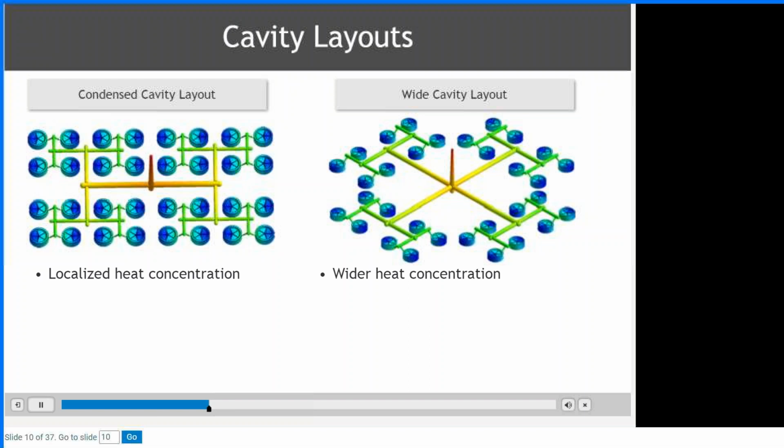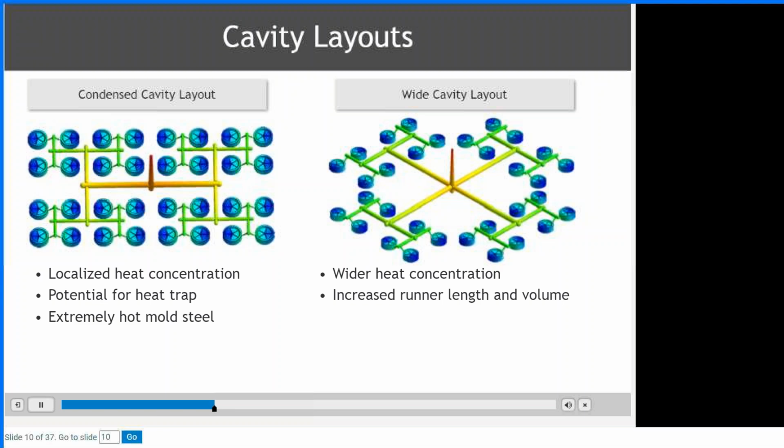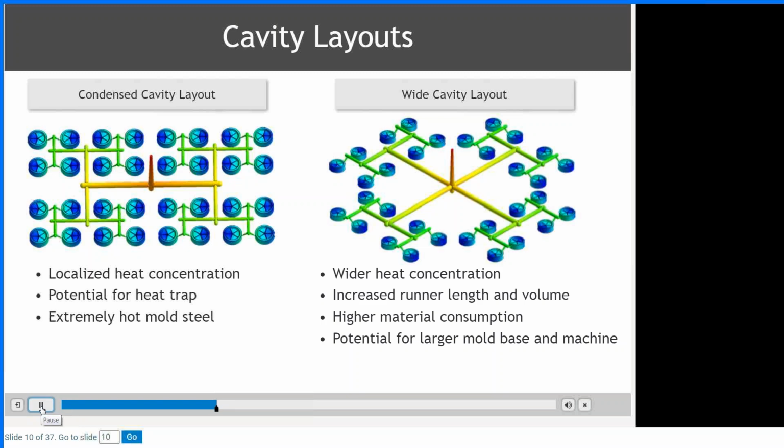A small cavity layout with inadequate cooling could create a heat trap in extremely hot mold steel conditions. A wider layout would increase the runner length and volume, material consumption, and potentially require a bigger mold base and a bigger machine. Again, very simple example.